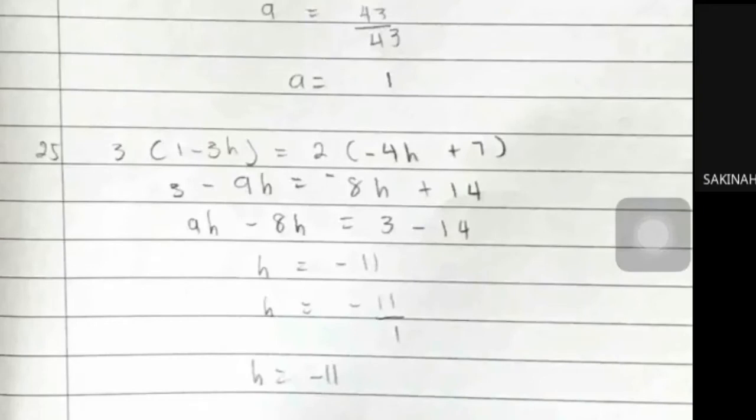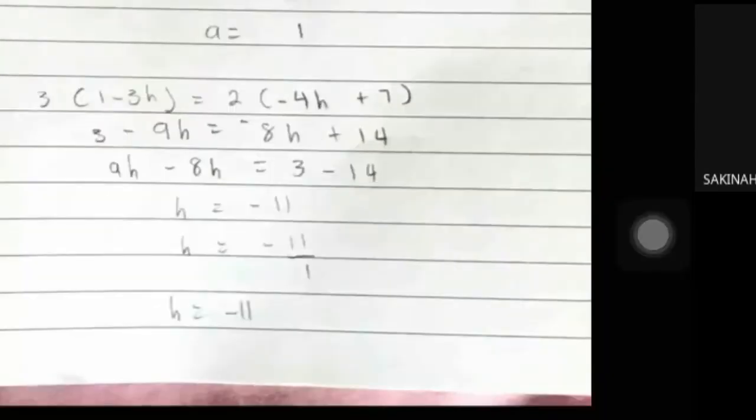3 bracket 1 minus 3h equals another bracket. Okay, so open the bracket. Okay, correct. And then on the right side, open the bracket, correct. Okay, then she grouped the like terms.